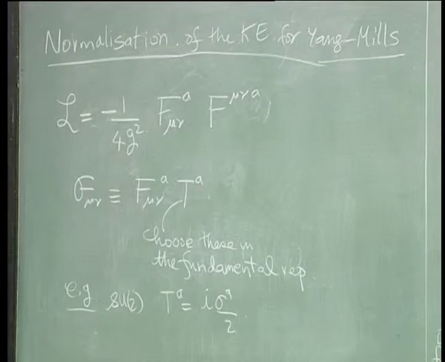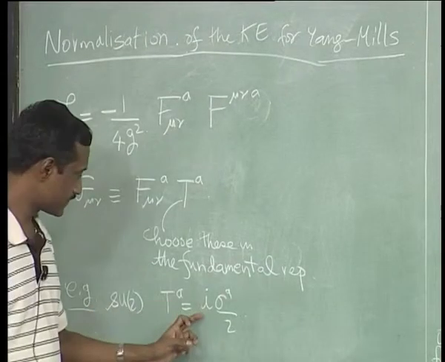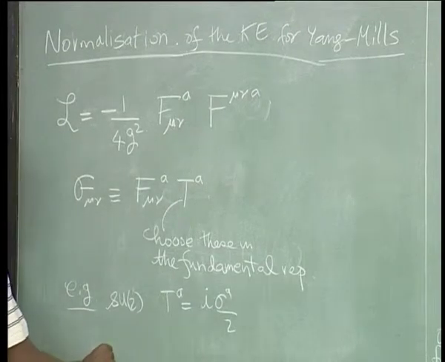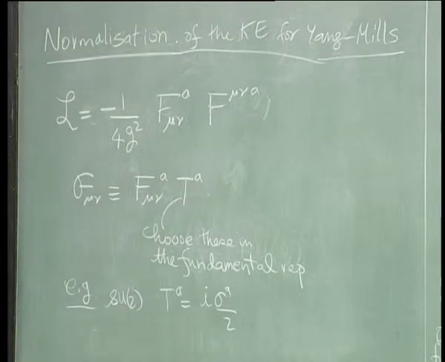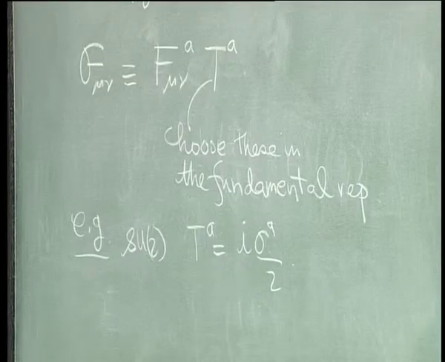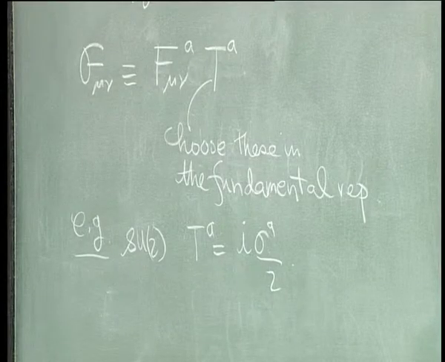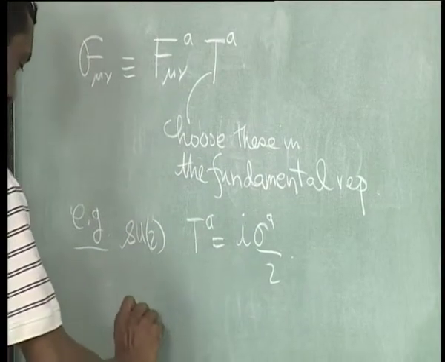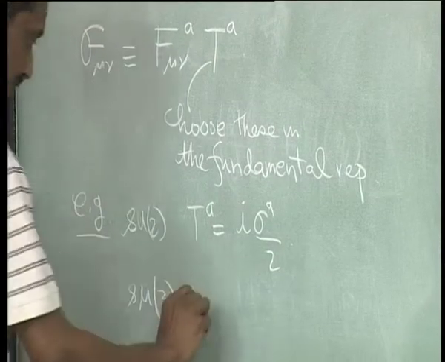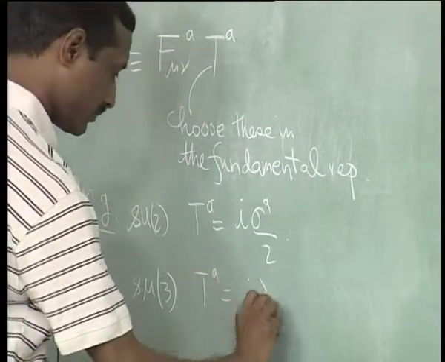Is it what we wanted to do? Do I want to do it this way? Yeah. So it has to be skew Hermitian, perfect, good. For SU2 it would be this, for SU3 the T a's would be again the same thing.